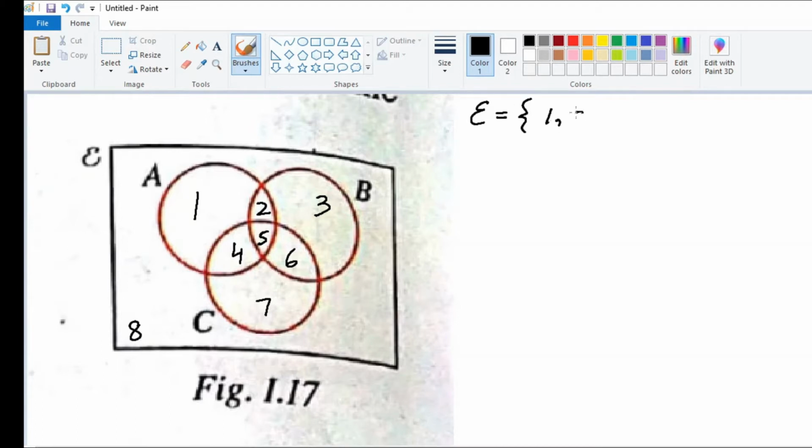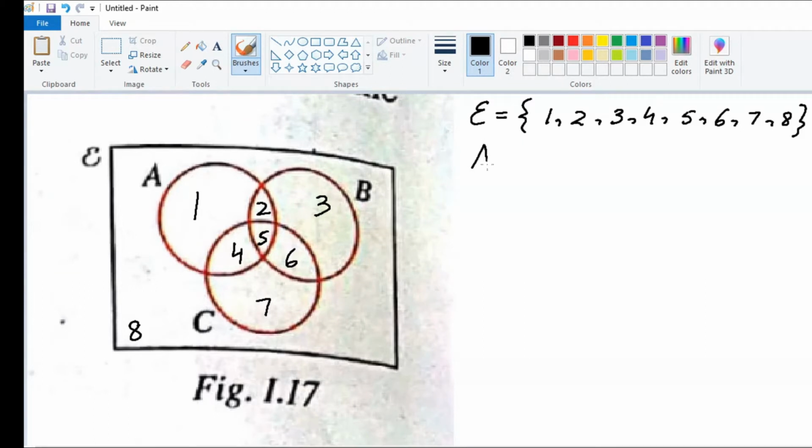So the universal set will be {1, 2, 3, 4, 5, 6, 7, 8}. I chose the numbers and wrote them here. If someone wants 1 to be written in place of 5, then make that diagram once. Once there is a choice, you need to solve all the questions regarding it.